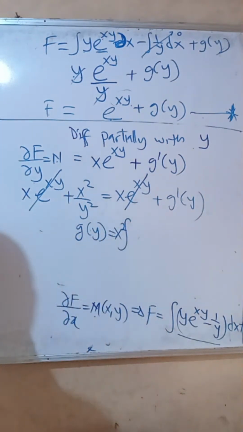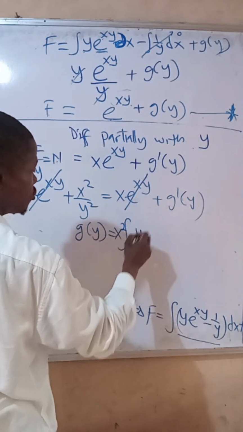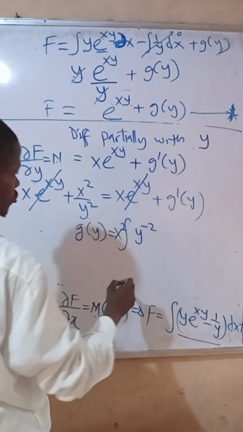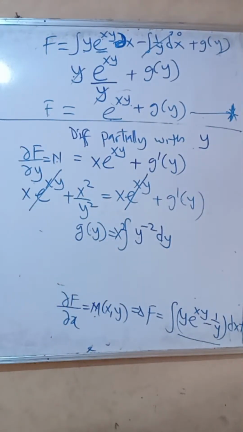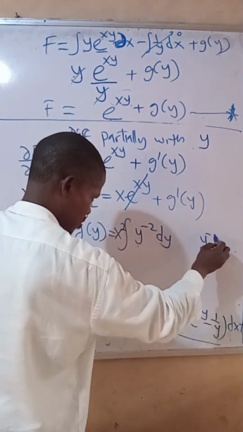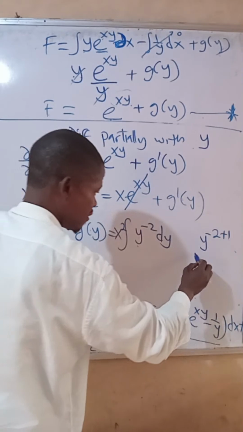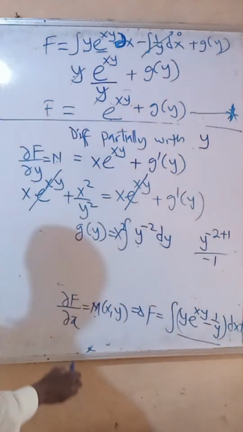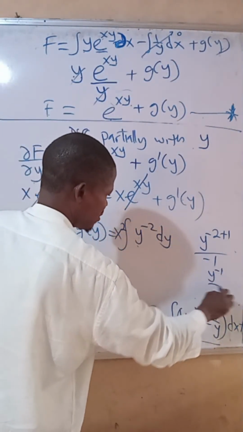Then we are going to have 1 over y squared, which is y to power minus 2, dy. So let's integrate that. If you integrate y to power minus 2, you add 1 and divide by minus 1. So that will give us y to power minus 1, over minus 1.